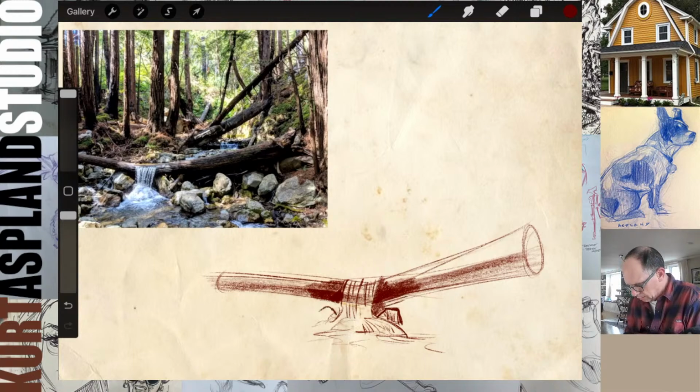I could add more rocks over here. I'm going to go back in now and add a little bit of texture to this fallen log.